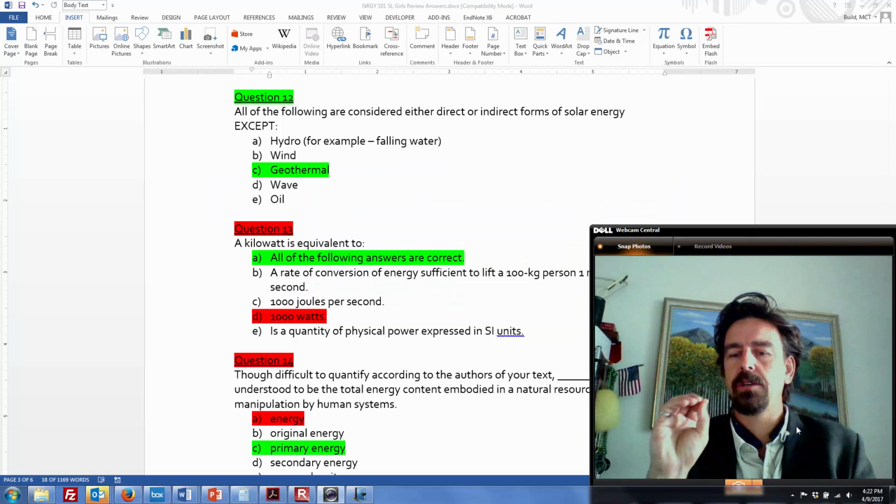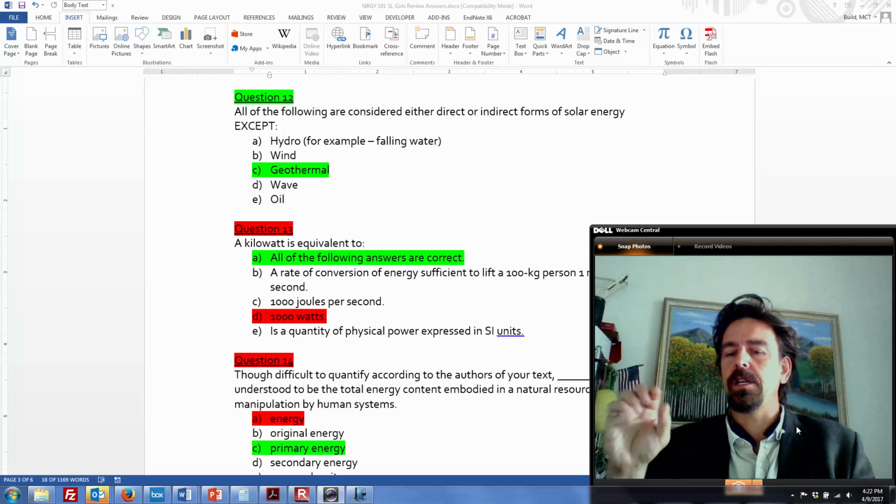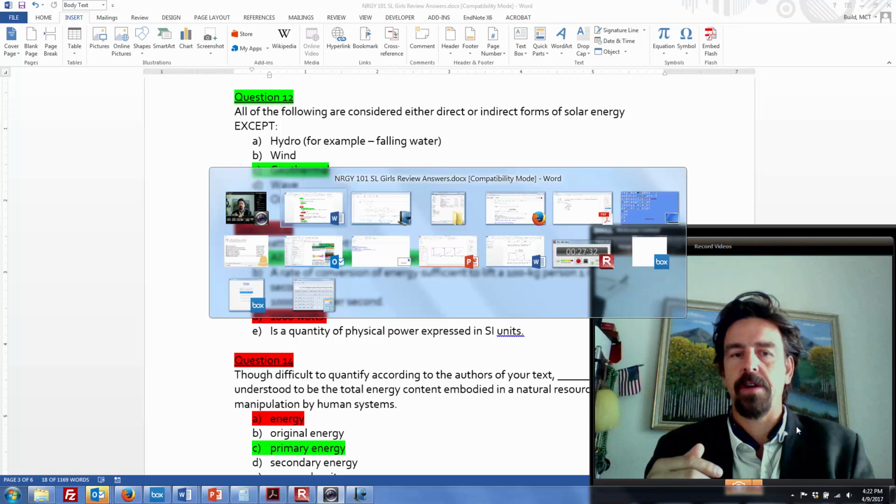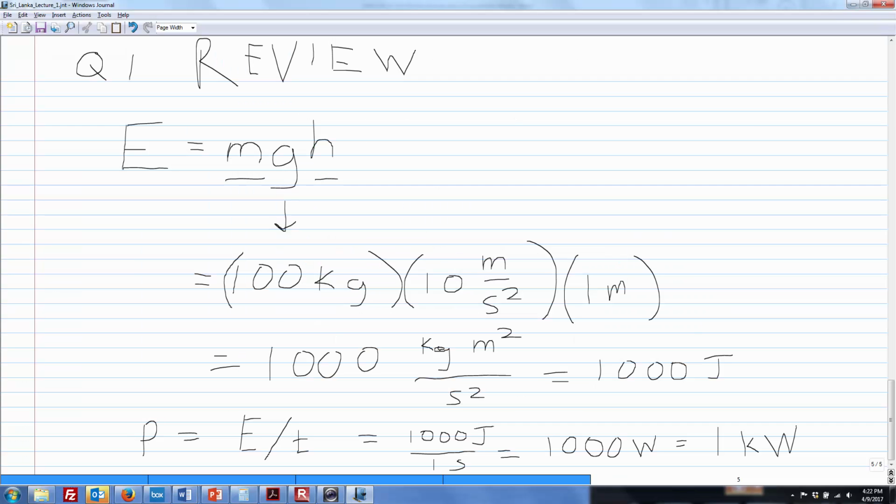So we went back to energy equals power times time, or power equals energy divided by time. So we went back to our first notes. And what we're seeing here is potential energy. Sorry, I'm writing so slow. It's because I don't have my special pad.